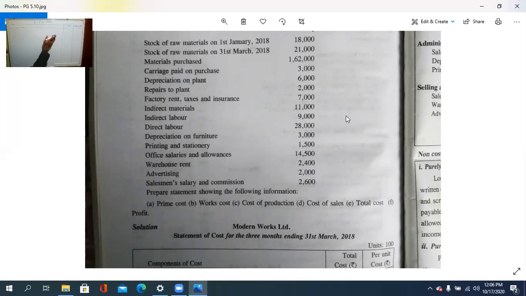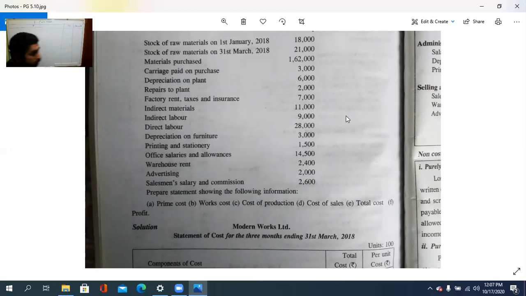And we need to add up the other things before that in the inner column. Clear? So this is the particulars. Firstly, the stock of raw materials on 1st January 2018 and the stock of raw materials on 31st March 2018. So opening raw material, closing raw material and material purchase. So what is that? Cost of materials consumed.